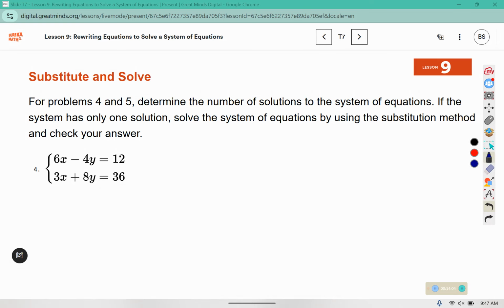In this one, it says, determine the number of solutions to the system of equations. If the system has only one solution, solve the system by using the substitution method and check your answer. We are going to use the elimination method.